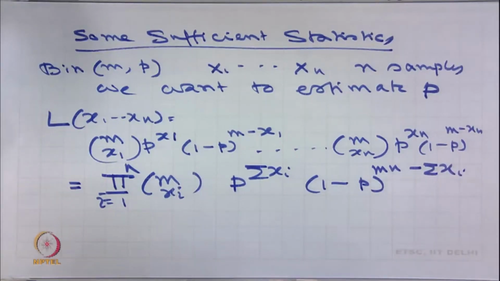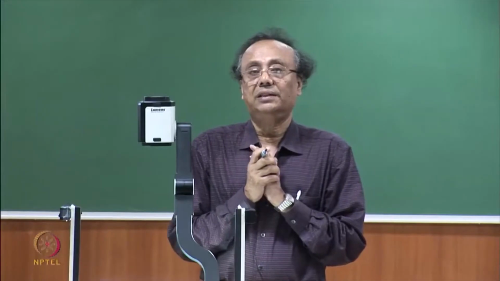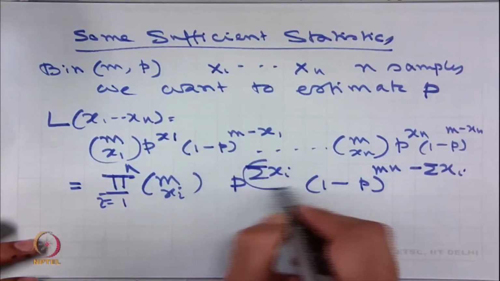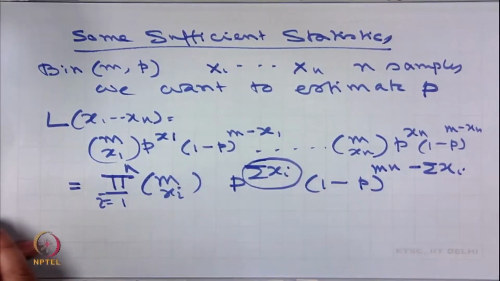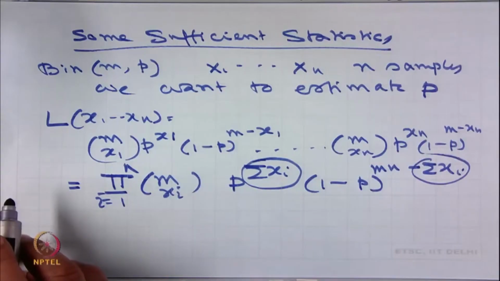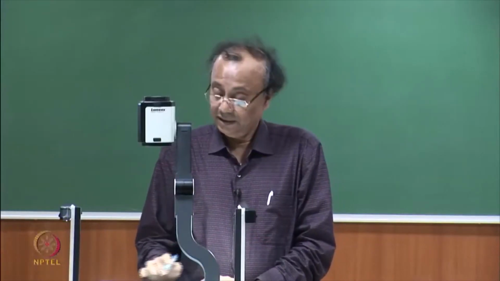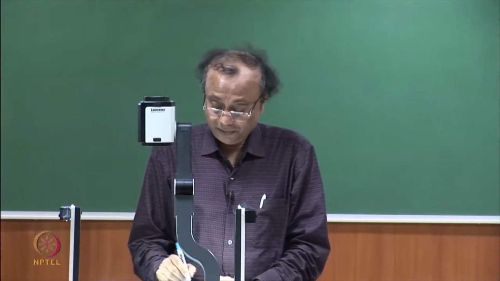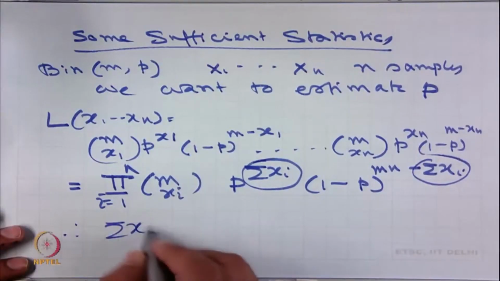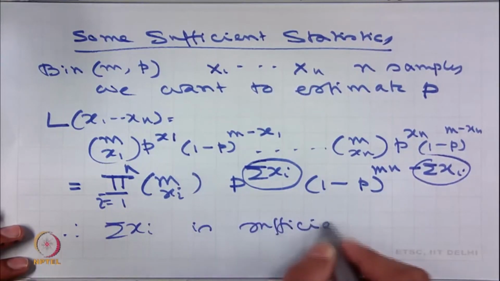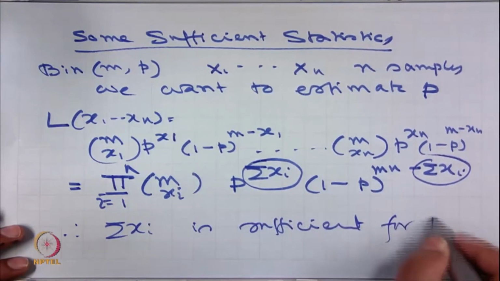Therefore, if we look at the joint density of x1, x2, ..., xn, we find that the sampled values are involved here in the form of sigma xi. What does it say? It says that sigma xi is good enough for us to estimate p. Therefore, sigma xi is sufficient for p.